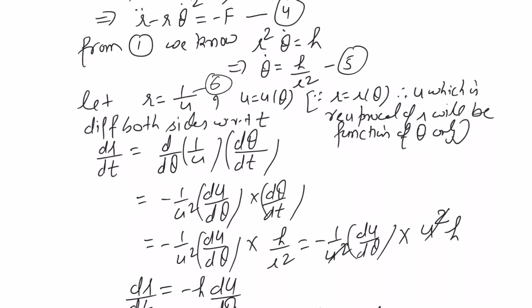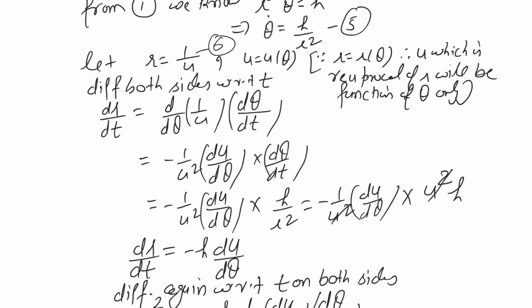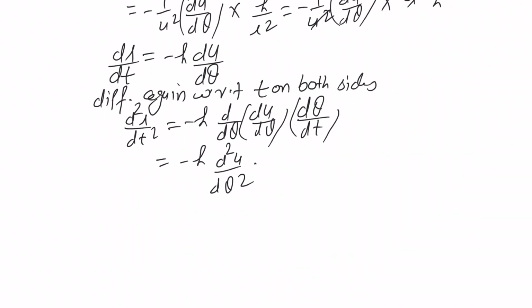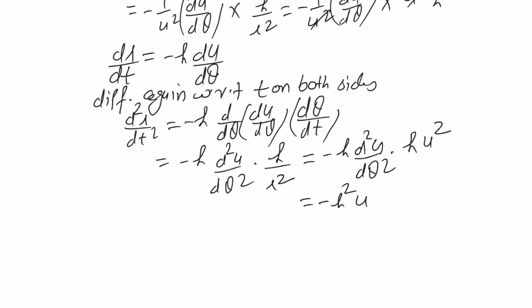This equation number 5 we will be using. It will be h by r square, and from equation number 6, minus h d square u by d theta square into h u square is equal to minus h square u square d square u by d theta square, and this will be equation number 7.